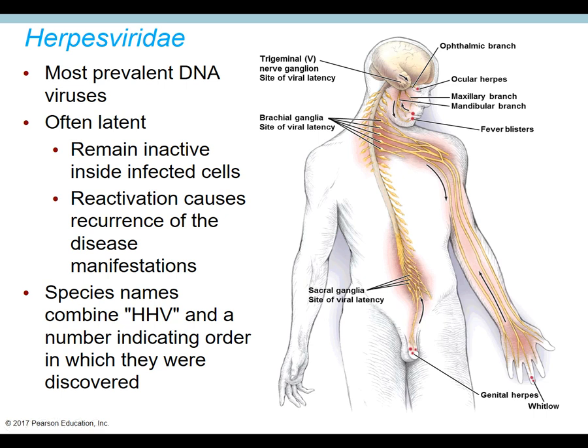Now, after you get the infection in one of these places, shown by the red dot, then the herpes virus goes to your ganglia, and the ganglia are right along your spinal cord, and that's where the virus becomes latent. So it's in your neural tissues, and then it can reemerge later.